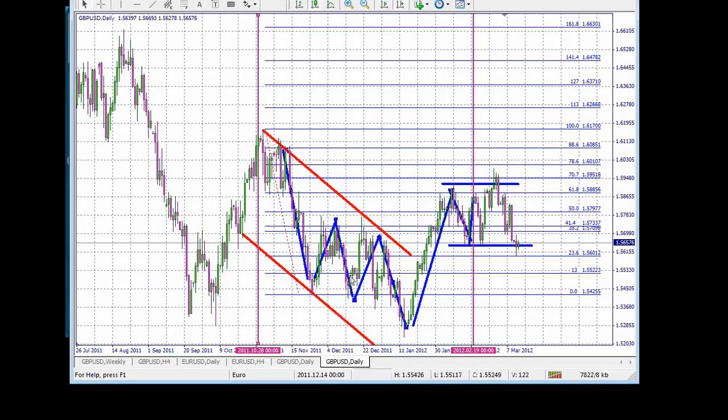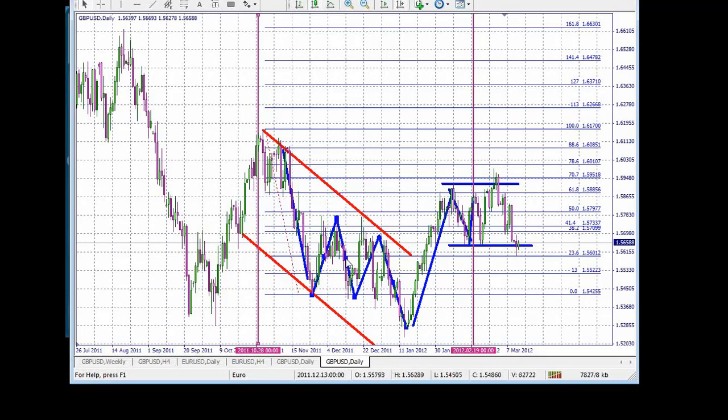When the third wave was not the biggest wave and the pair has that move, we already can be very skeptical about the evolution of the pair. You can see very clearly that wave 2 and wave 3, this one is the wave 3.